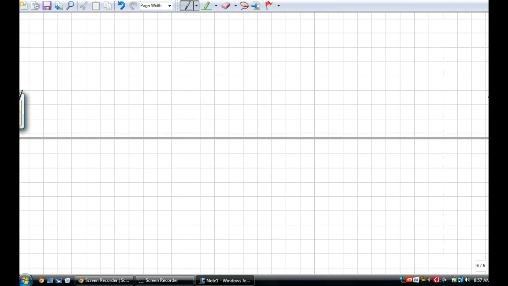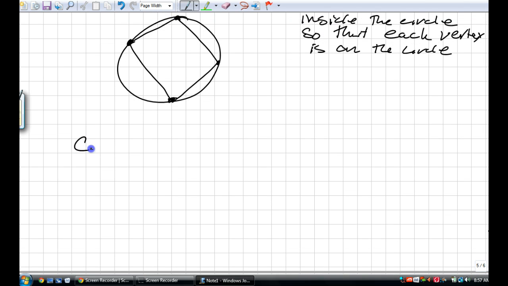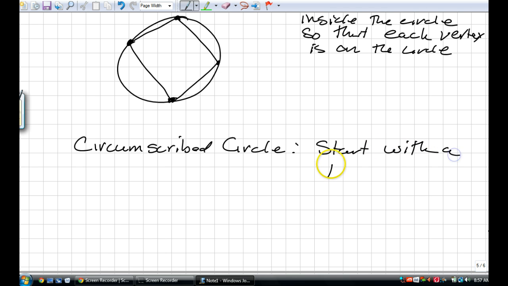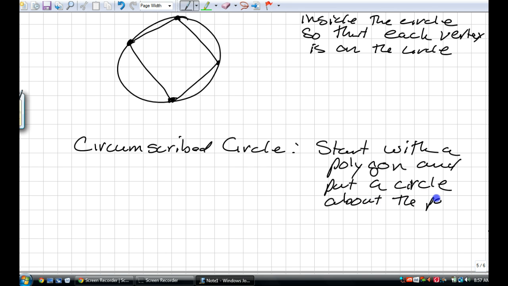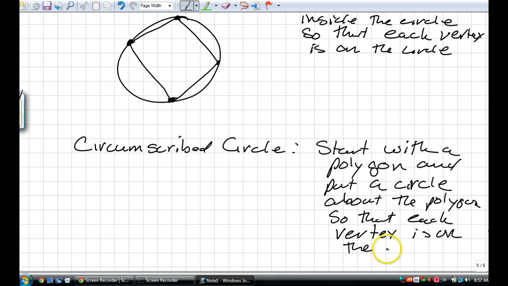A circumscribed circle is the idea that you start with a polygon and put a circle about the polygon so that each vertex is on the circle.